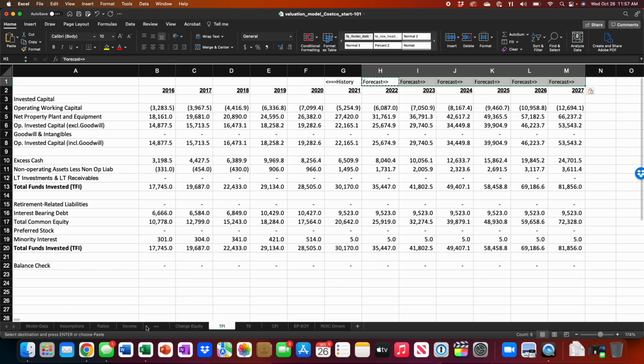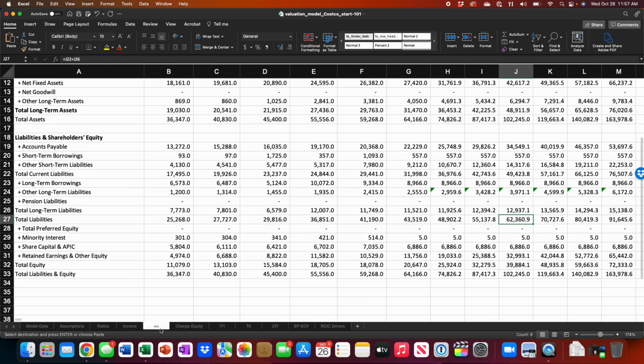All right, so back on the balance sheet. For total long-term assets, I understand that we summed it, but for the history, it's all from the model data. Would you get that same answer if you were to sum it, for the fiscal year? You're talking about the previous years? Yeah.